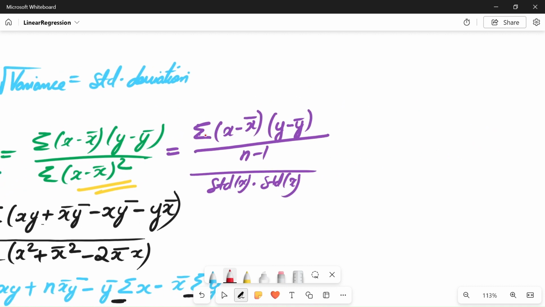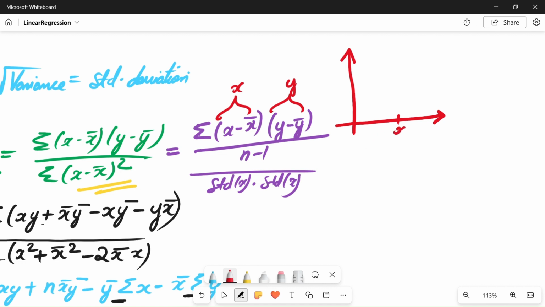Now let me ask you a question as we are starting our discussion: what happens when you multiply two values? The values are measured on axes which are perpendicular to each other. By that I mean, this is some value on the x-axis and this is some value on the y-axis, right? Now what happens when you multiply two such values measured on axes perpendicular to each other?